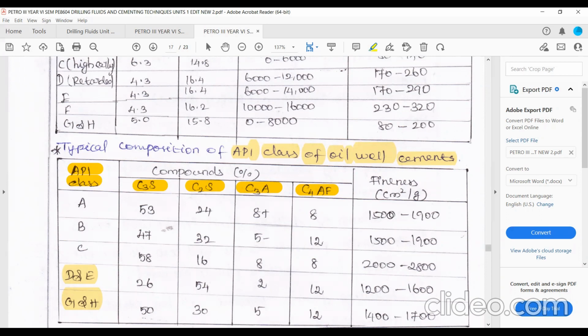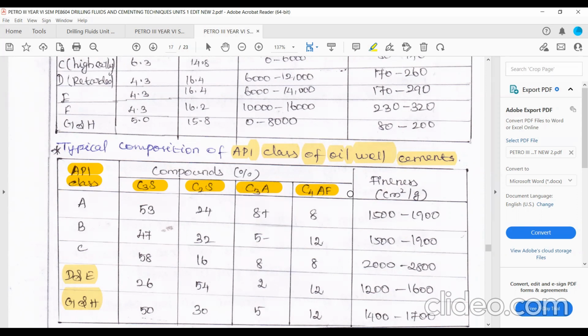So composition means the compounds present, with values. For class A, it is 53% C3S, 24% C2S, 8 plus percent C3A, and 8% C4AF.